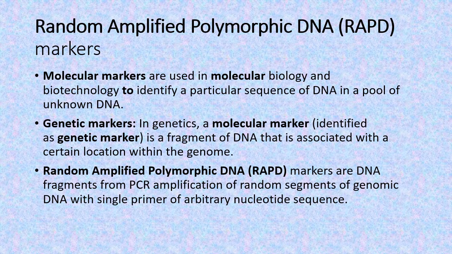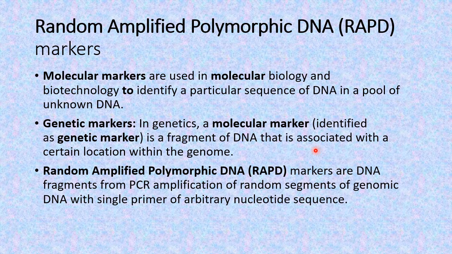The molecular markers that are used in gene mapping, that is the genetic markers, are fragments of DNA which can mark the position of specific genes in the genome.